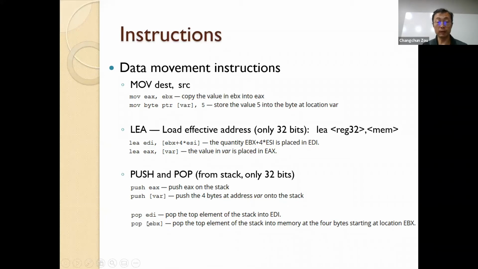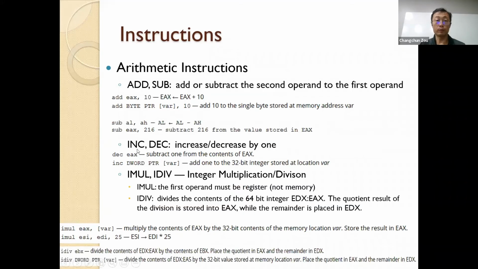This pop, because this is a square bracket, so the popped 4-byte value will be saved at this location. This EBX has this address value in this EBX register. That's a push pop.